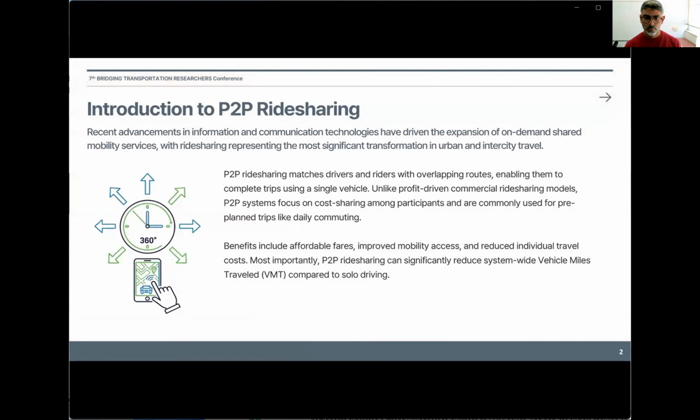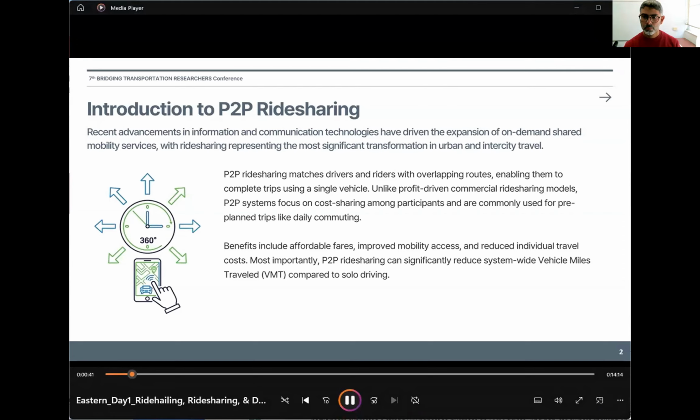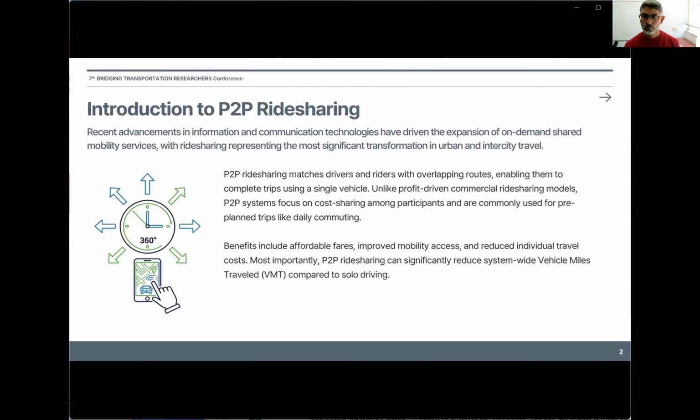Ride-sharing, powered by platforms like Uber and Lyft, has revolutionized on-demand transport. However, it has also contributed to challenges such as increased vehicle miles traveled, congestion, and deadheading, where drivers travel without passengers. Peer-to-peer ride-sharing, where drivers and riders share trips, has emerged as a more sustainable solution.